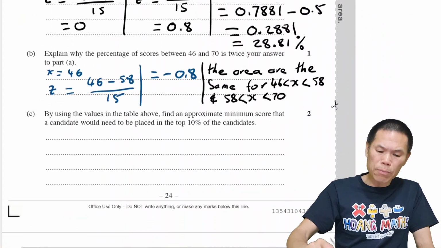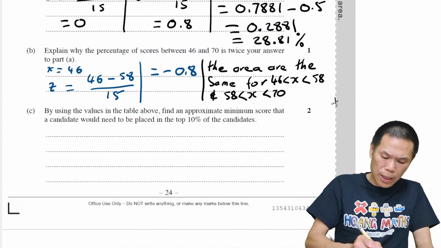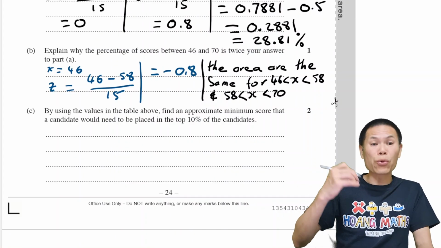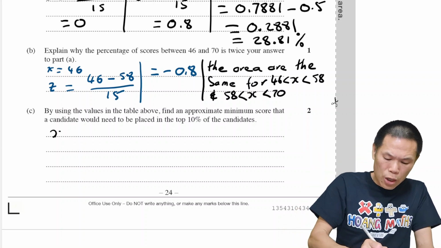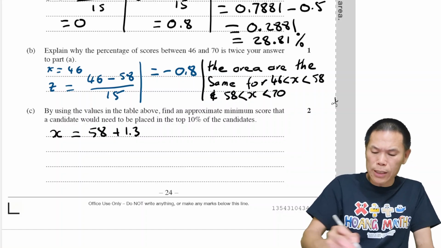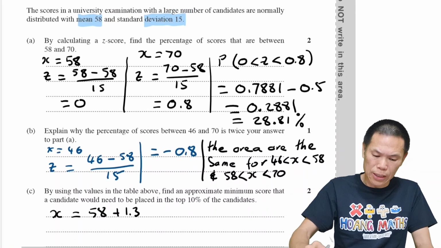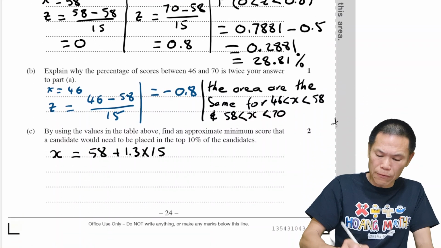In other words, because z is from 1.3 onward, that means 1.3 standard deviations above the mean. So the score will be equal to the mean, that is 58, plus 1.3 of the standard deviation, that is 15, so we times 15.